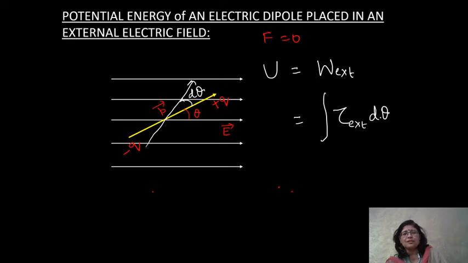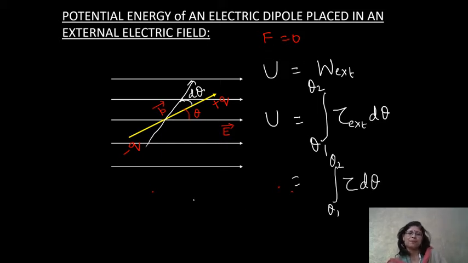And if you are just displacing the dipole from an angle theta 1 to theta 2, you will get this formula, that potential energy is equal to work done by the torque. And since we know that the magnitude of external torque is equal to the torque due to electric field, we can write it like this.